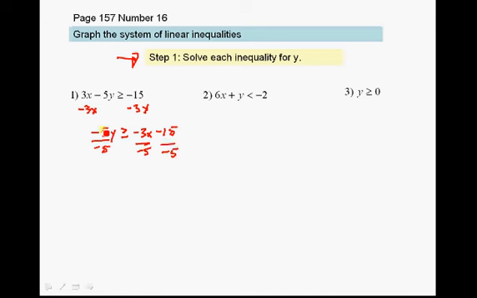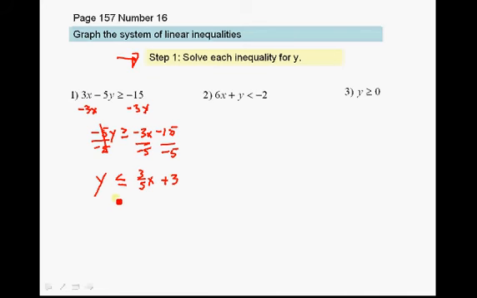Negative 5 divided by negative 5 is 1, so we get y. But remember, when you're dealing with inequalities and you multiply or divide by a negative number, you have to flip the inequality around. A negative divided by a negative is a positive, so it's going to be 3/5 x, and negative 15 divided by negative 5 is going to be positive 3.